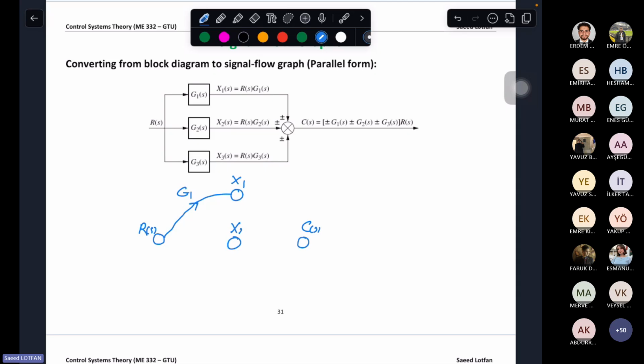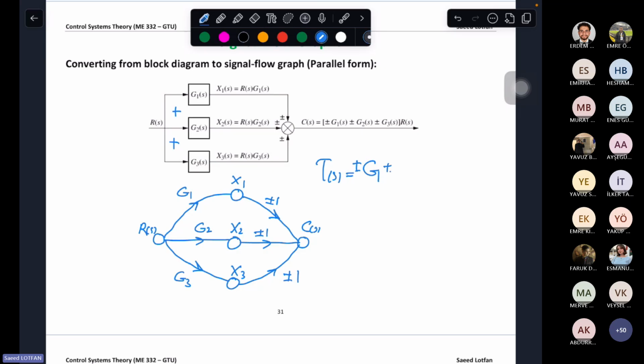We have X2 signal and X3 signal, and this one is G2 and this is G3, and they just sum with plus minus 1, plus minus 1, and plus minus 1. So the parallel form is one in which we sum the signals together. The transfer function of this system is G1 plus minus G2 plus minus G3.